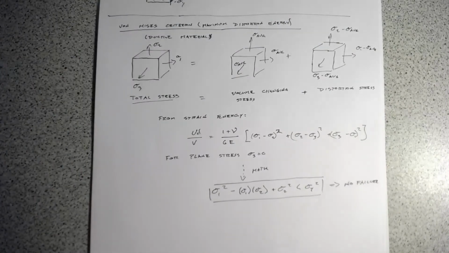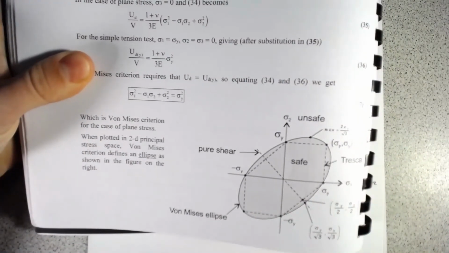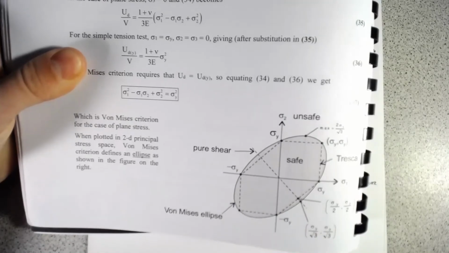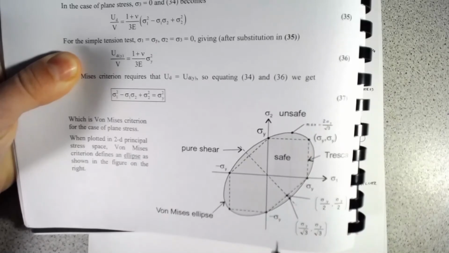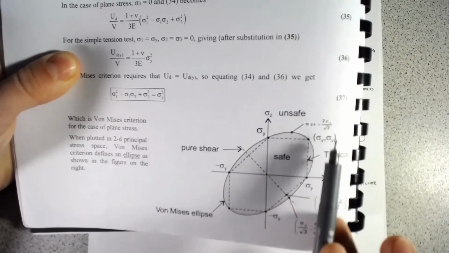And so if I pull out your notes here, you'll see, well, this is our failure ellipse, and over top, on the dotted line, we've plotted the Tresca criterion. So you can see they're very similar. The Tresca is probably a bit more conservative than the von Mises.